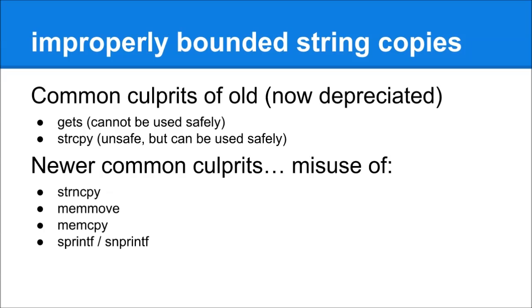That's a static string, and if it's declared in the source code and not increased, it's going to be used safely in strcpy if the destination is big enough. The newer common culprits of buffer overflows are the safe string copy, memmove, memcpy, sprintf, snprintf, and others.